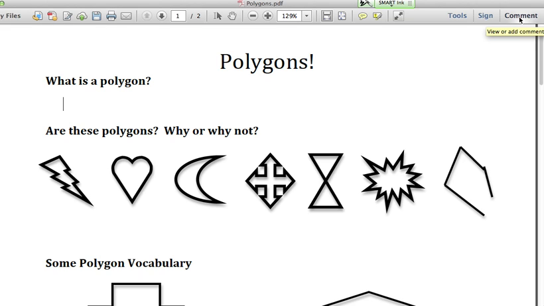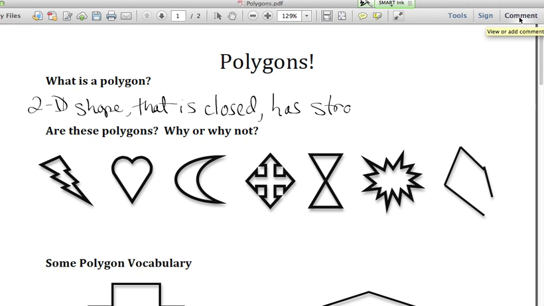Okay, so let's come up with a formal definition. Whether you're writing right on top or typing it in, what is a polygon? First of all, it is a two-dimensional shape that is closed, has straight sides, and does not cross itself.